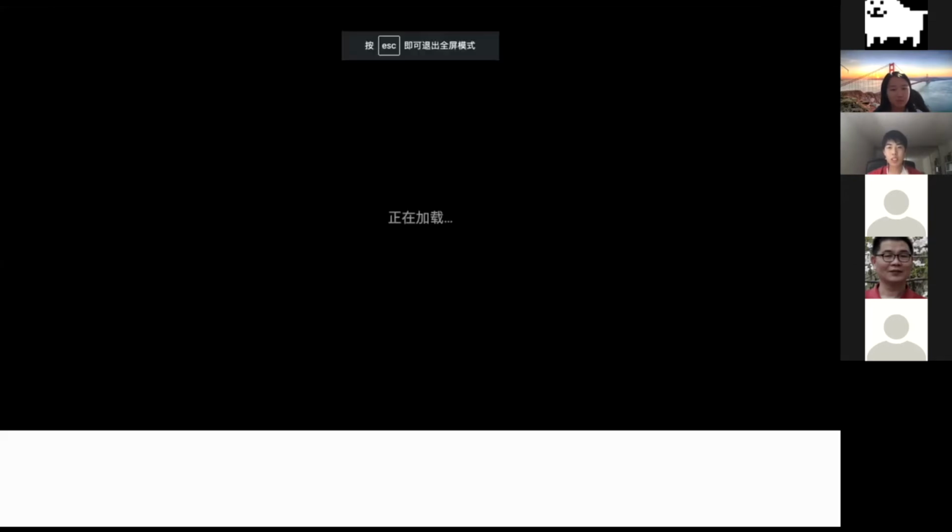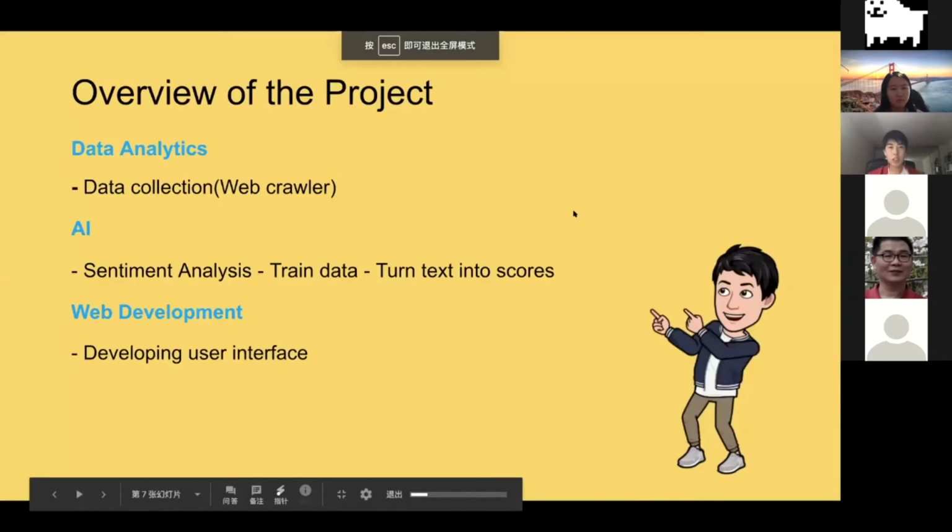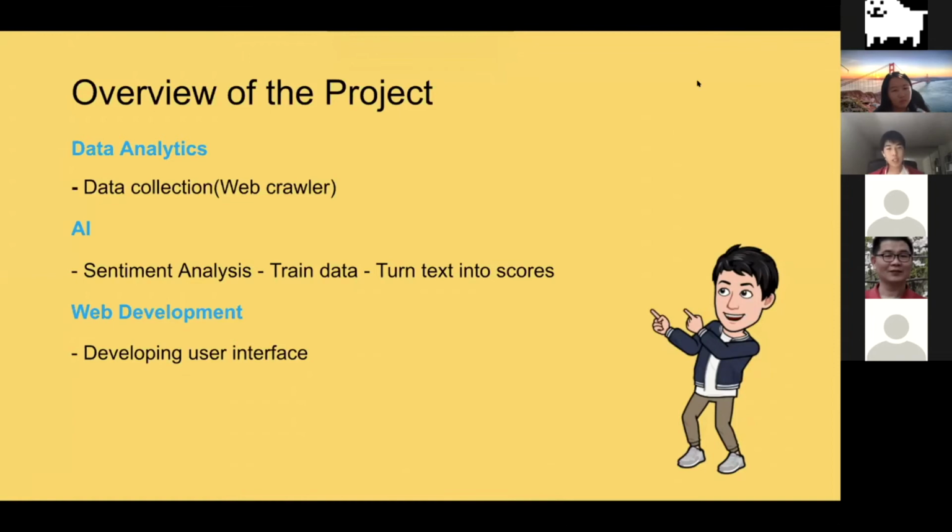I'll talk about the overview of the project. For this project, there are three main parts: data analytics, AI, and web development. For data analytics, this is the starting step. We collect data from Amazon with a web crawler, and in the next step, we pass the data to sentiment analysis.